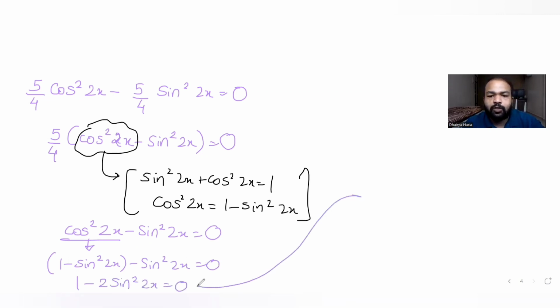If I further solve it, I get 1 by 2 is equal to sine square 2x. Taking square root on both sides, I get sine 2x is plus or minus 1 by root 2.